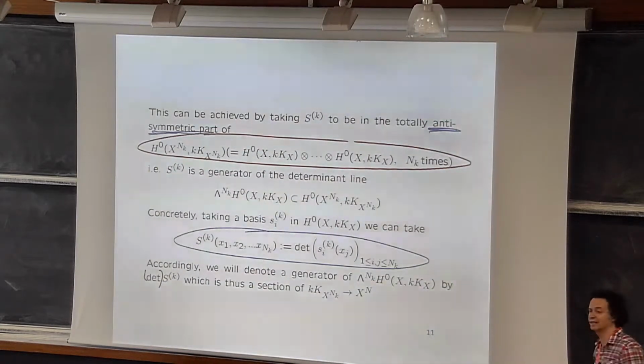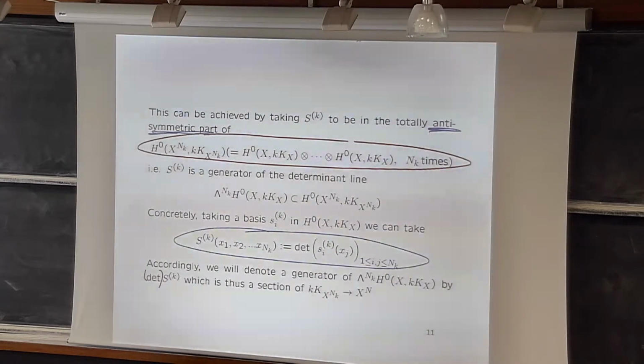So that's the totally antisymmetric part in that space. And by linear algebra, it's one-dimensional. So that's what I'm going to take. And very concretely, if you want to have a formula for it, you just take a basis in this space. And then you get this totally antisymmetric object in the usual way by a determinant. That's, I guess, one of the definitions of a determinant.